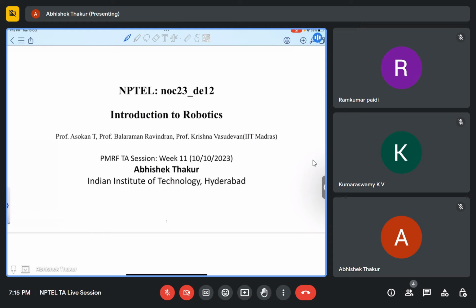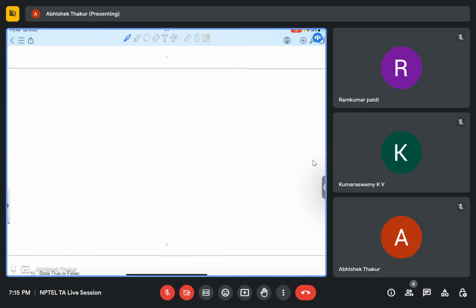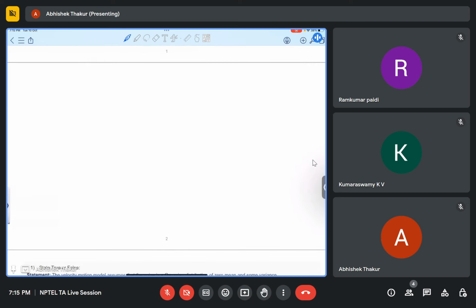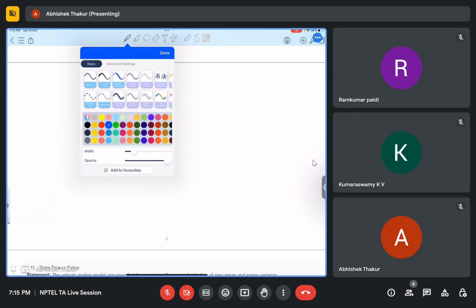The first thing taught in this week was the velocity motion model. Before that, we'll understand some of the terminology regarding robots while they are navigating, like the robot's initial pose.